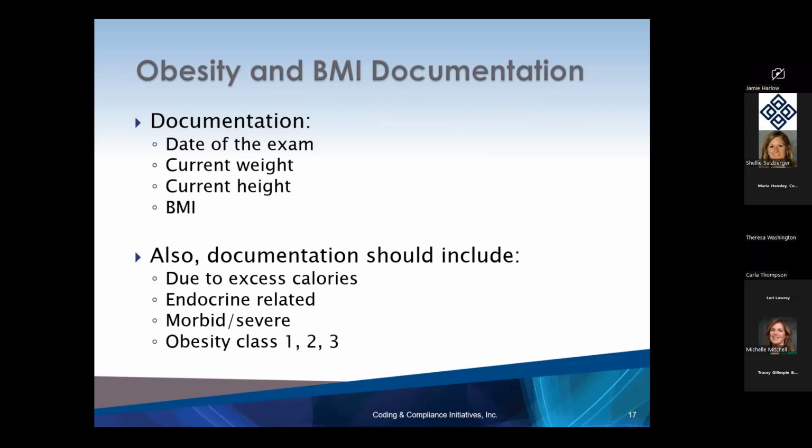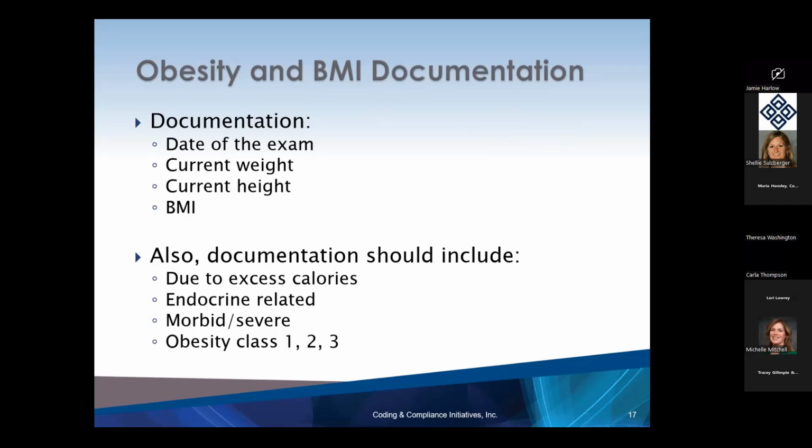With our value-based perspective, our class 3 obesity, our morbid obesity, and the BMIs related to morbid obesity and class 3 obesity all are value-based codes across the board. They all have a risk score.